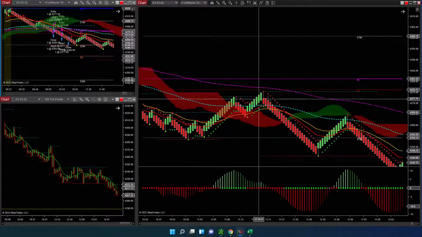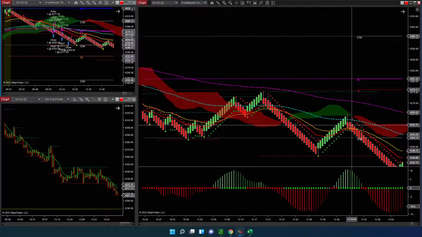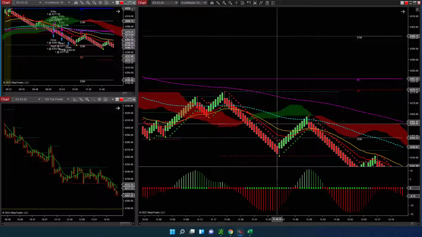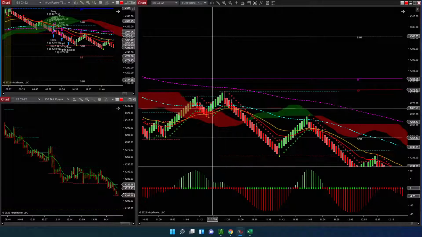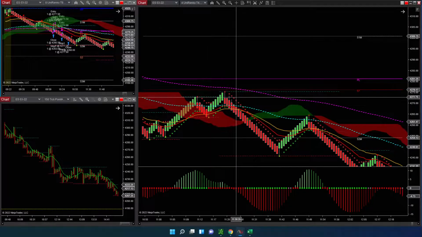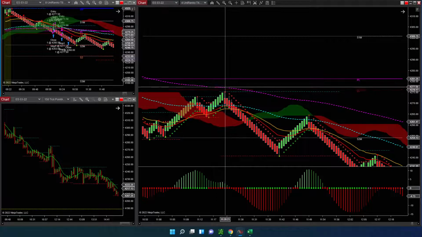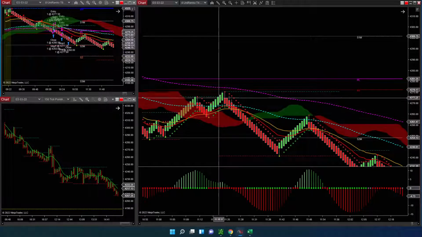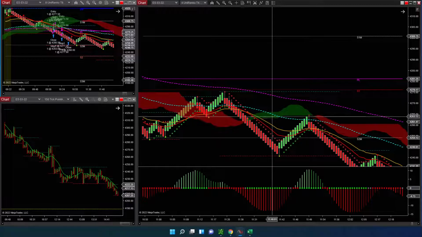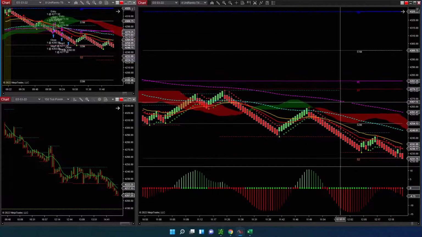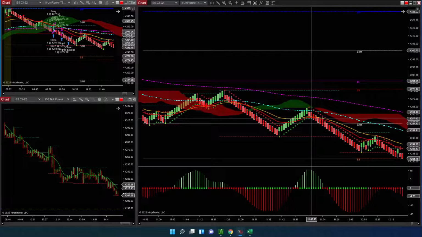There was a good entry, not this one, because it's in between the moving averages, and it's not above the cloud. So no trades there. Then this one was a good entry. I didn't take it. It was at 12 already.